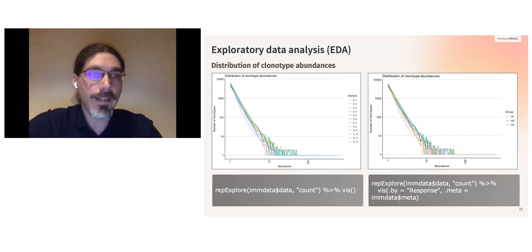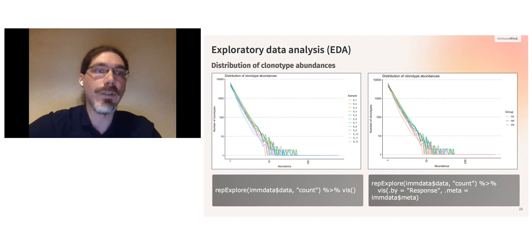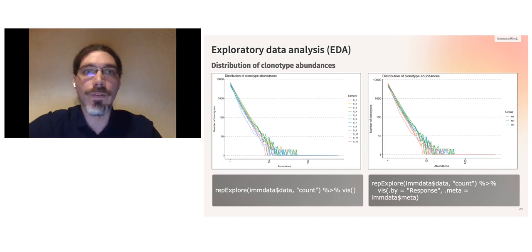On the x-axis, you can see the different abundances. So the very left point is the clonotypes with only one clonal count. So it's a very rare clonotype. And on the right side, you can see the most abundant clonotypes.